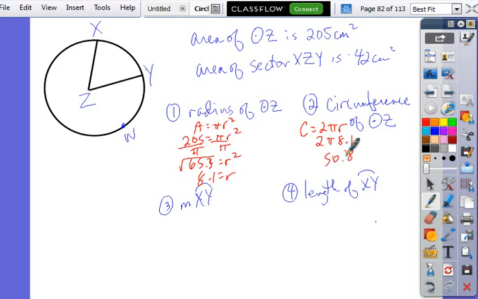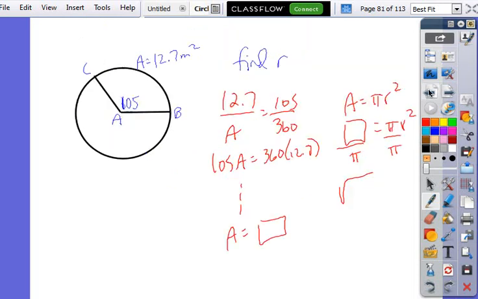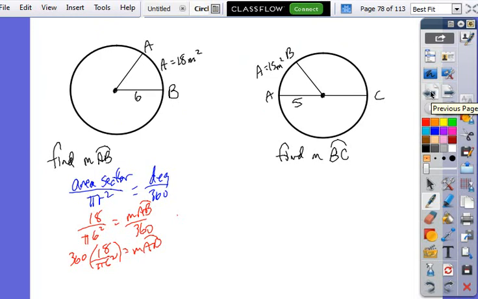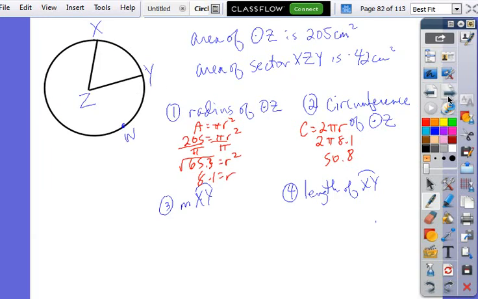Then it goes back to measure. Well, measure is our proportion here. Area of the sector over the total area, degree over 360. So the area of the sector is 42 over the total area, 205. Degree is what I'm looking for over 360.